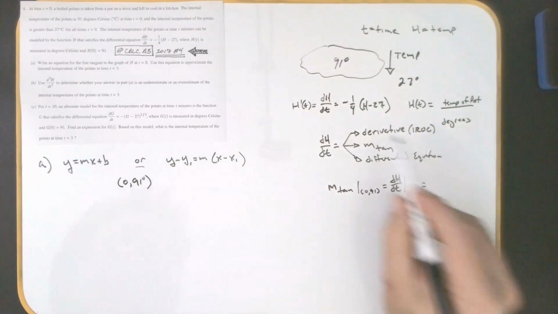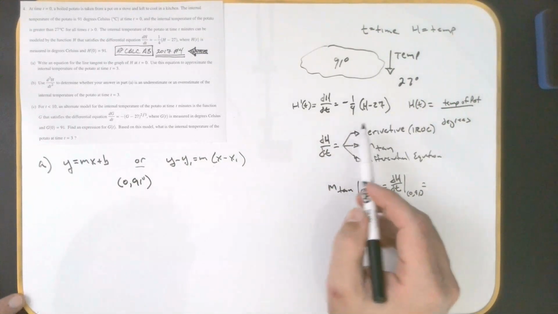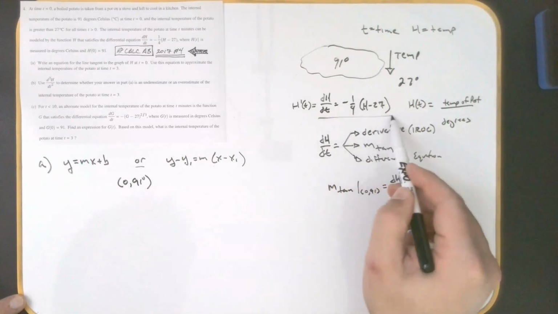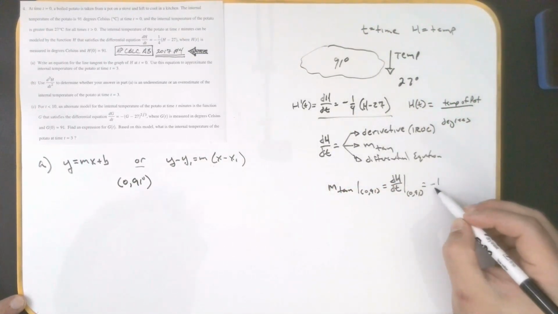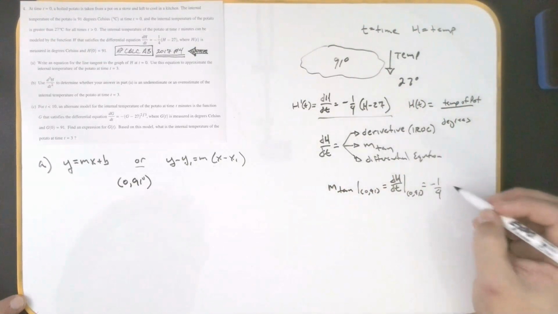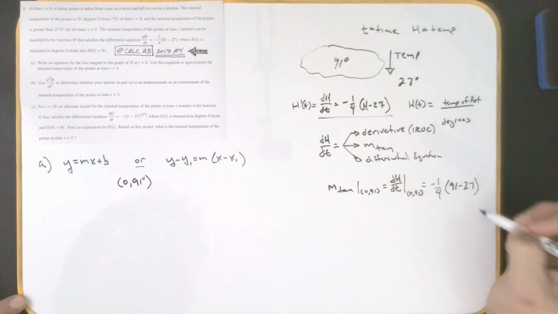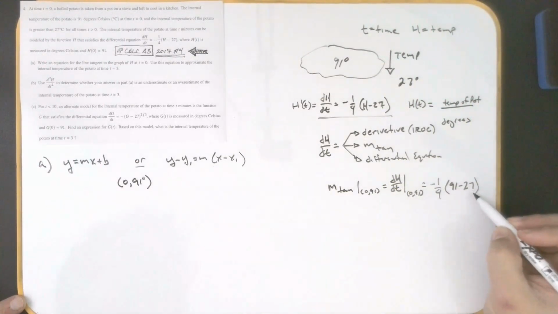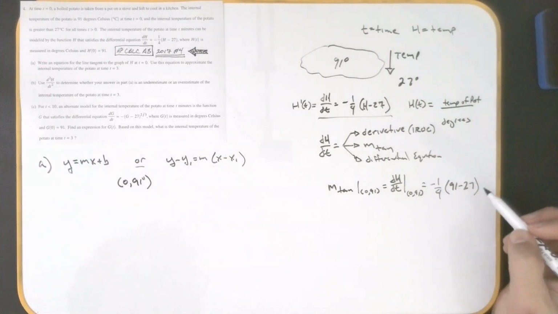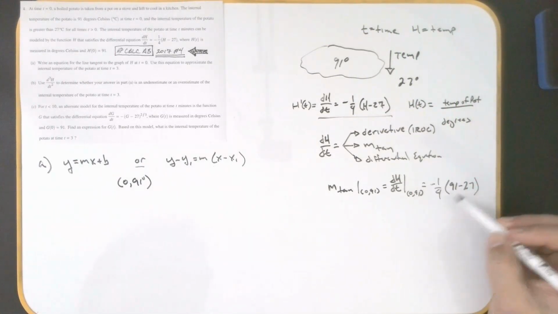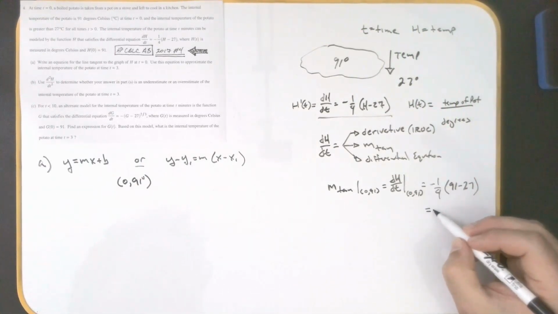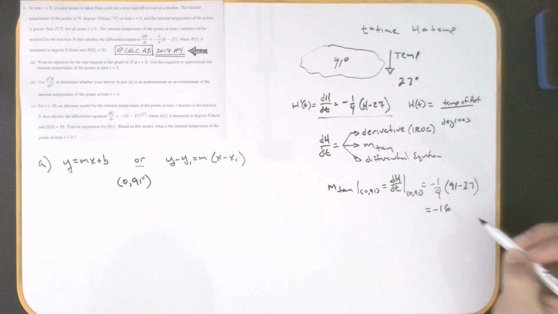We'll just put that into the equation of the tangent, which is right up here. So this was given. It's going to be negative 1/4. I need the h value, which is just 91 minus 27. So 91 minus 27, I think that's going to give you 64. And then we have a fourth of 64. We wind up getting negative 16.